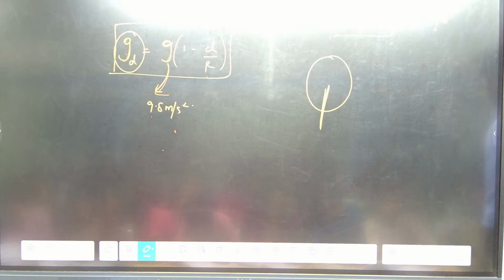Write the first point under this. As we go below the earth's surface, the value of gravity decreases.